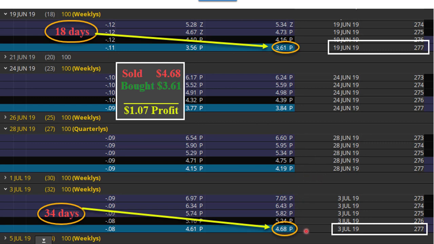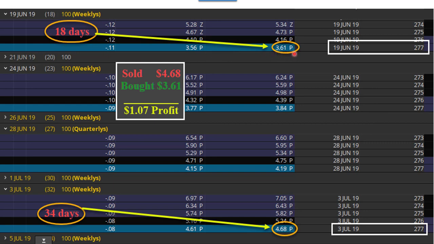We can do the same thing with time value. So in this example, with 32 days, not 34 days, with 32 days to expiration, if I sold an option for $4.68, what would it be worth when there was only 18 days left until expiration?